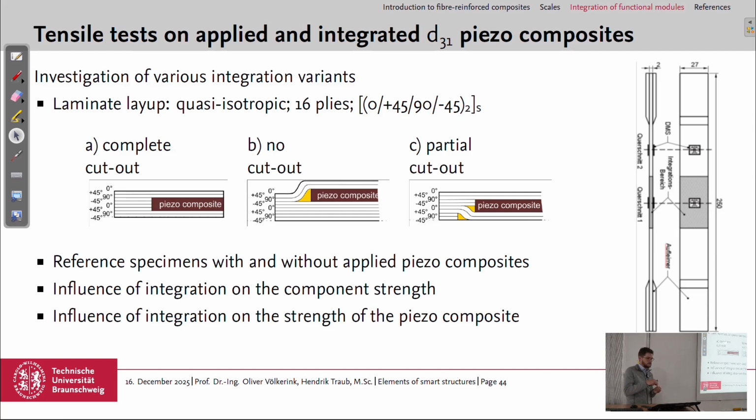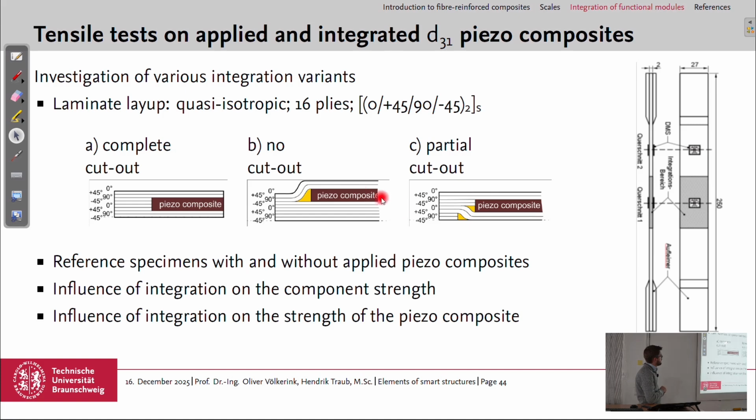There we did a tensile test only on the functional module itself, so no FRP structure, and here we have tensile specimens made from CFRP with the transducer integrated in the different ways, and we have strain gauges also here and here, so in the undisturbed cross-section and in the disturbed cross-section.